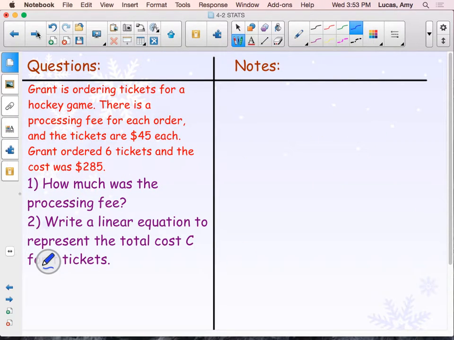Our last example, Grant is ordering tickets for a hockey game. There's a processing fee for each order, and the tickets are $45 each. Grant ordered 6 tickets, and the cost was $285. Number 1 says how much was the processing fee? And number 2, write a linear equation to represent the total cost C for T tickets.